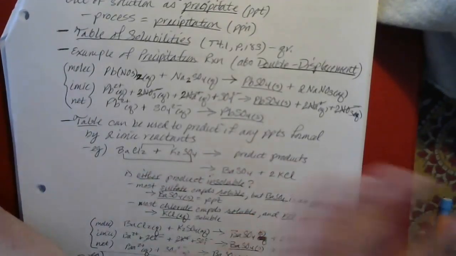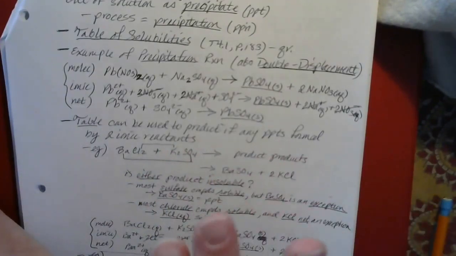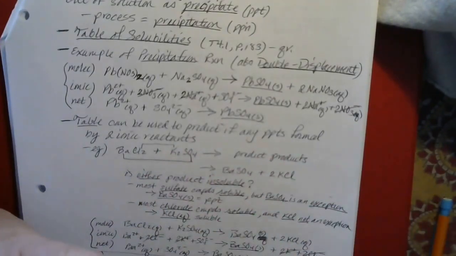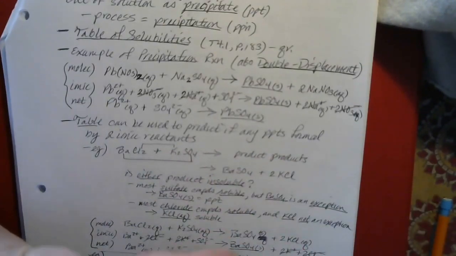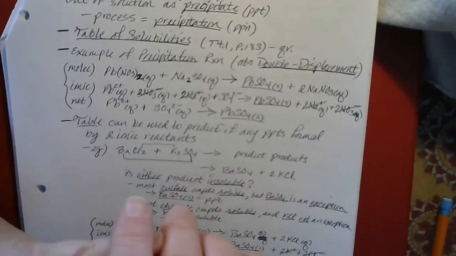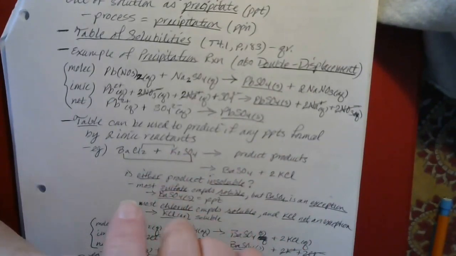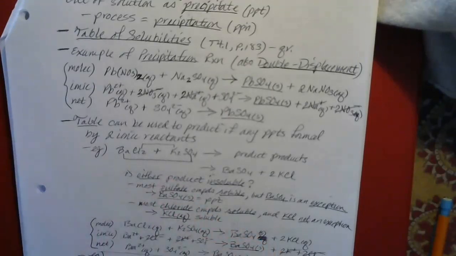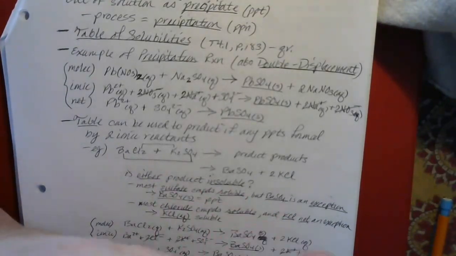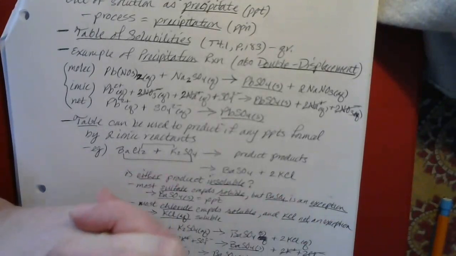So even sodium phosphate or sodium carbonate is soluble. But a vast majority of phosphate and carbonate compounds are not soluble. Say calcium carbonate or copper carbonate or calcium phosphate or copper phosphate, they're not soluble.